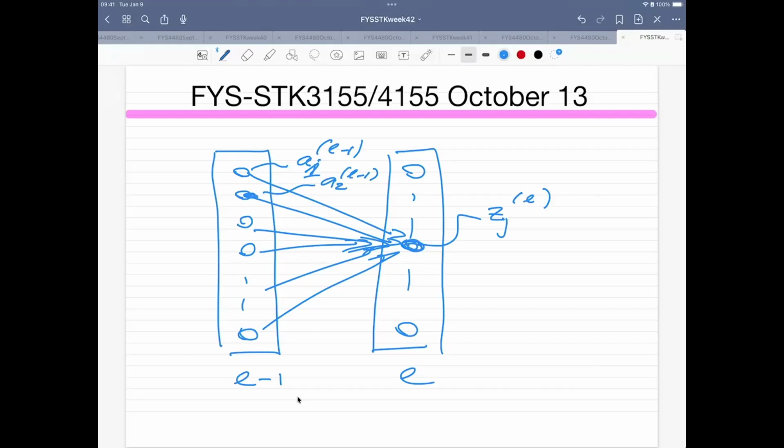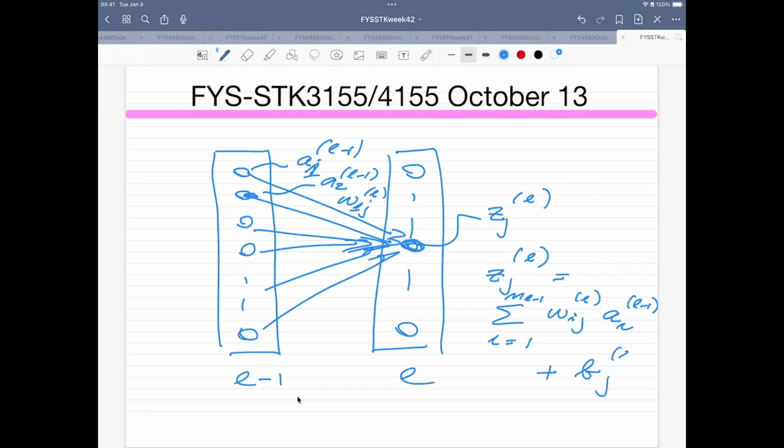Then there is a weight which connects this one, w, and we call this w_1j of L. And this function z_j of L was then given by a sum over all the nodes you had in the previous layer, N_{L-1}, and then we have the weights w_ij of L, multiplied with the output from layer L minus 1, plus a bias b_j of L.